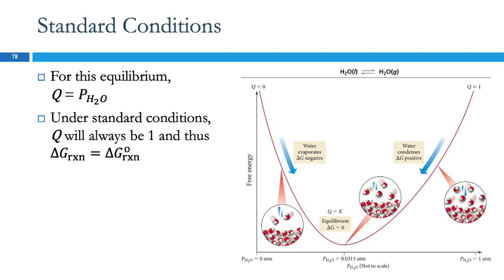So here's another one of those graphs. Here's the equilibrium equation, right? H2O liquid going to H2O gas. How would you calculate the equilibrium constant for that?